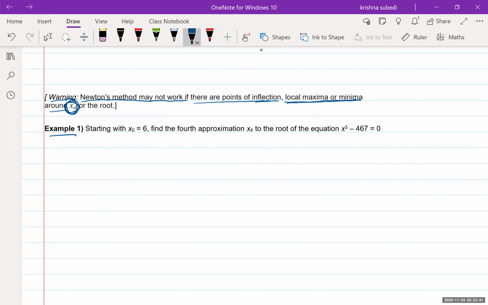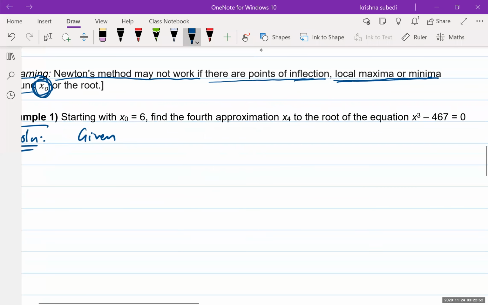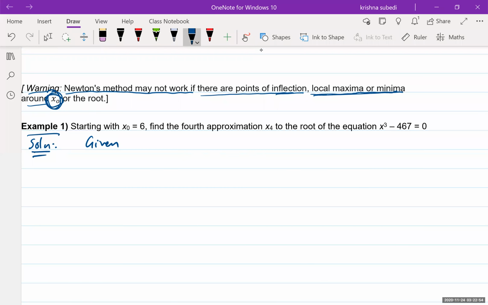Well, what is given here is f of x equals x cubed minus 467. Okay, I consider this as my function. And I want you to find the derivative, which is 3x squared.